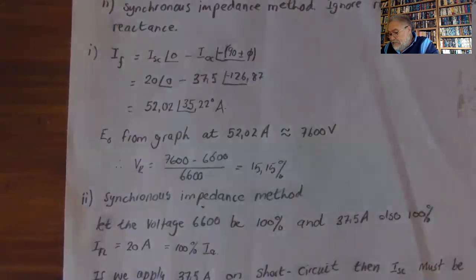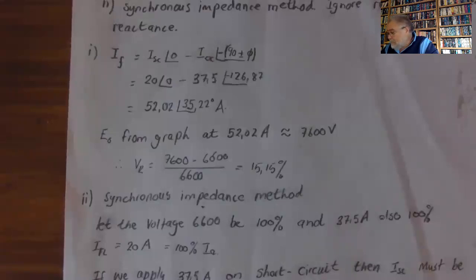So that gives us 20 angle 0 minus 37.5 at an angle of minus 126.87. That gives us 52.02 at an angle of 35. We're not much interested in the angle.